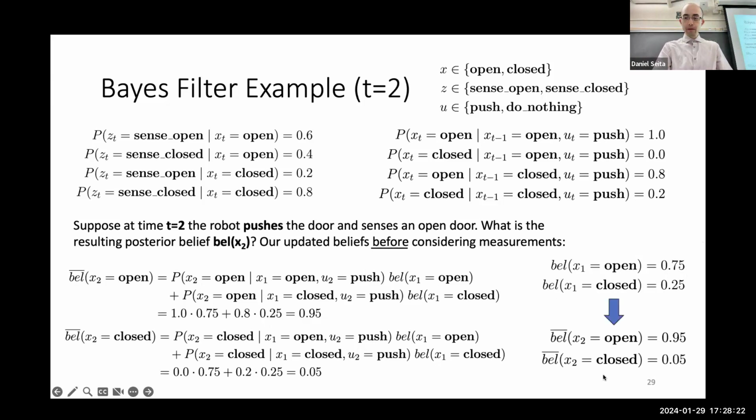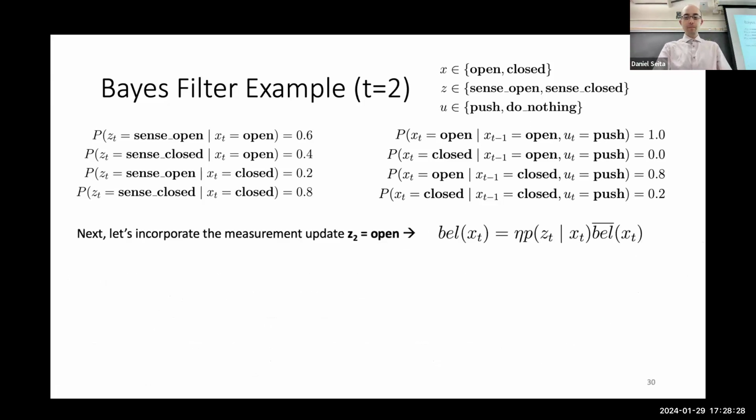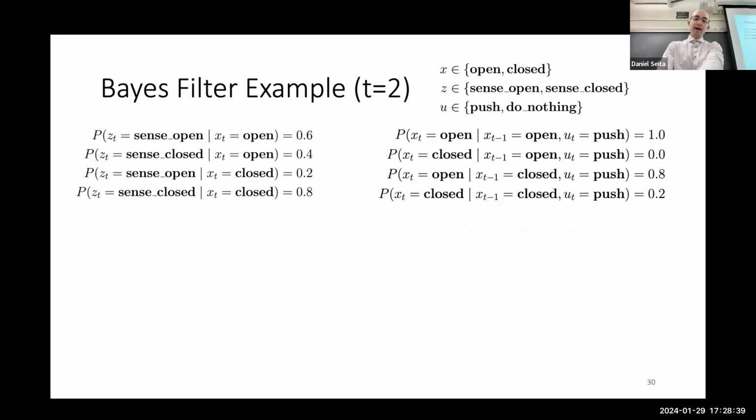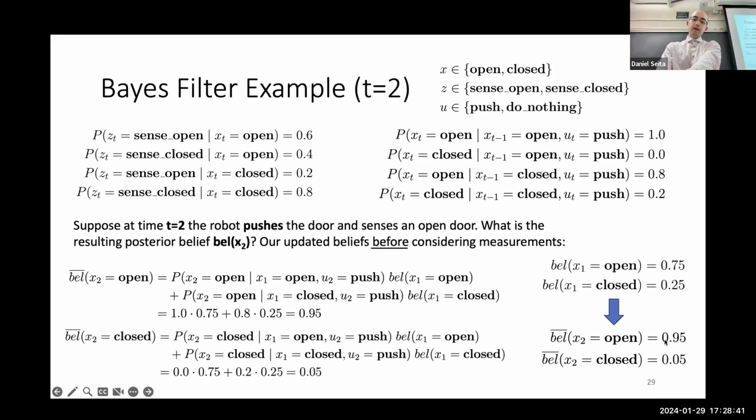Yeah. So now we have to take into account the measurement update. If you do that and plug in the numbers, first, if you go back and look at this, it's 0.95 and 0.05.